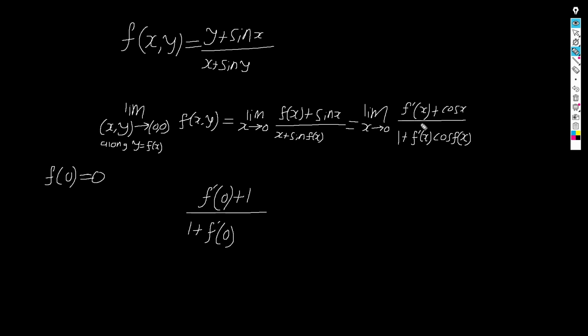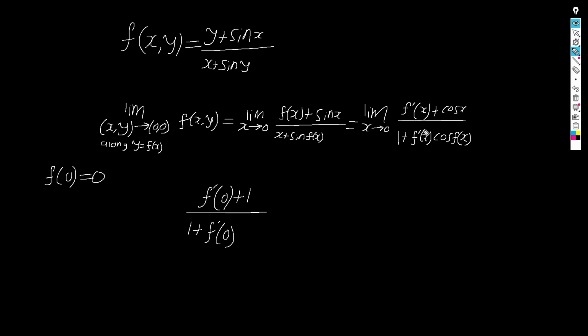Now if we use direct substitution, we get f prime of 0, and cosine of 0 is 1, so that's the numerator. And on the denominator, we get cosine of f(x), which is just cosine 0, since f(0) is 0. So 1.